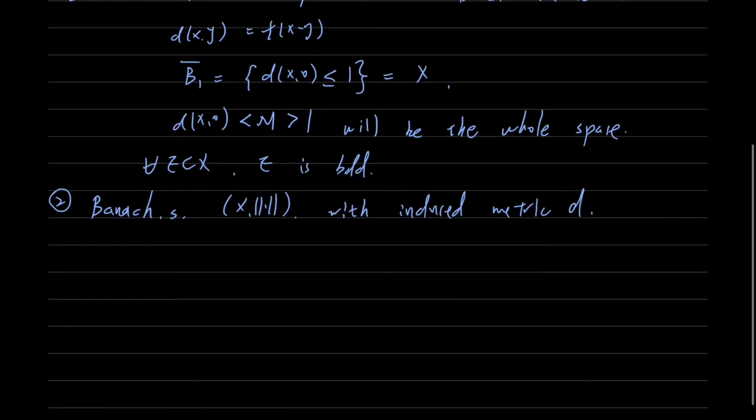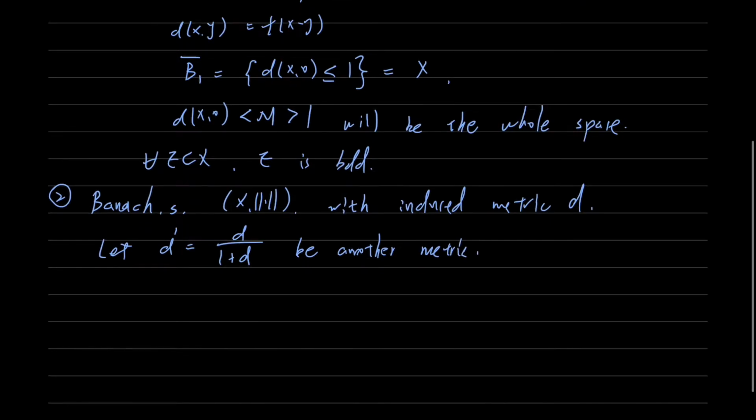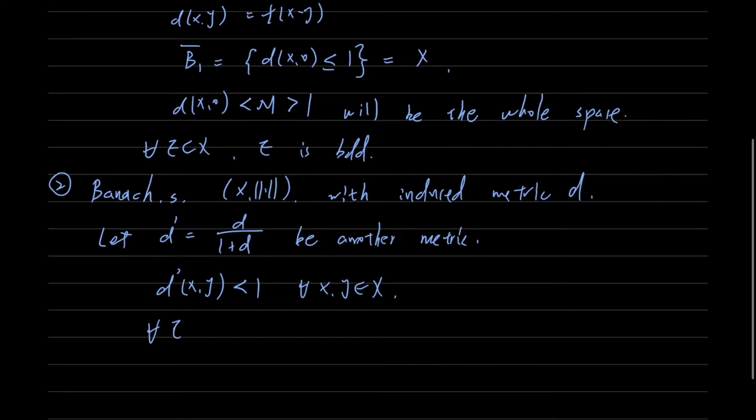So in this case, we can define a new metric. This will also be a metric. And in this case, this will always be bounded by 1, actually strictly bounded by 1 for every x, y in the space, which also means that every subset is bounded.